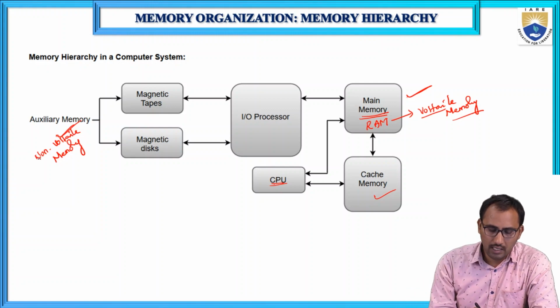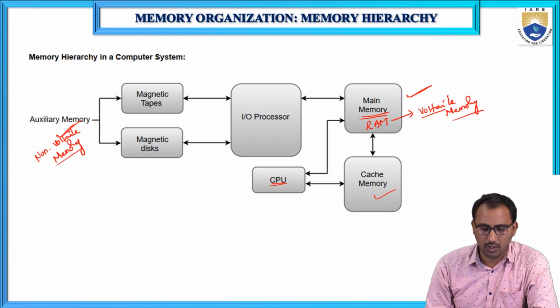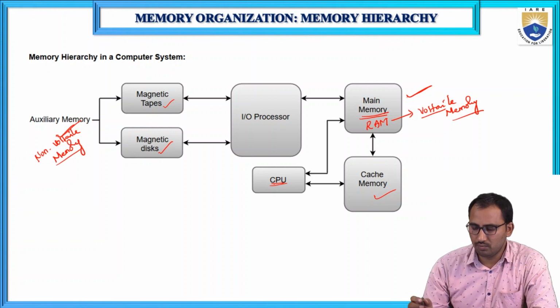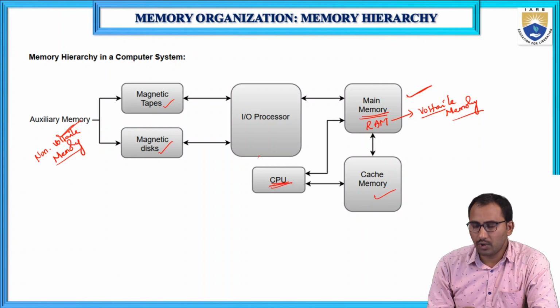That is the main advantage of auxiliary memory. Examples of auxiliary memory are magnetic tapes and magnetic disks. These auxiliary memories do not communicate directly with the CPU. They communicate through the IO processor and the main memory.